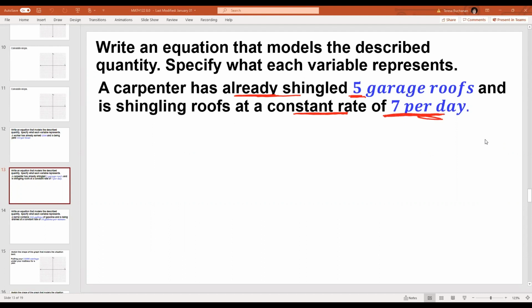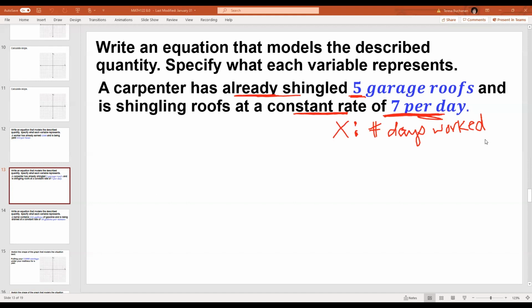So once again, if I said to you, well, how many days has he been working? You'd say, I don't know. So isn't that a variable? Number of days he's worked. In other words, has he worked 5 days? Has he worked 30 days? We don't know.